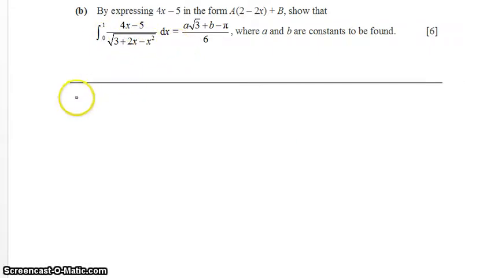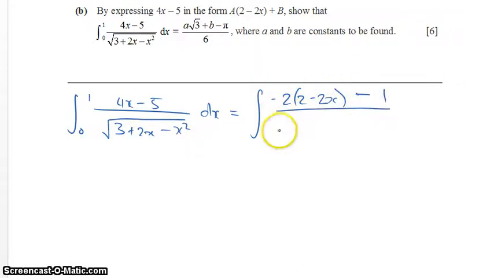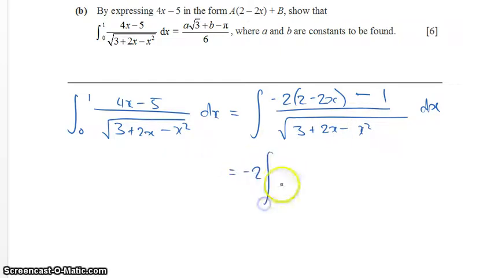Well, the integral from 0 to 1 of 4x minus 5 over the square root of 3 plus 2x minus x squared, we can split it up as minus 2 times (2 minus 2x) minus 1, whole thing over the square root of 3 plus 2x minus x squared dx.